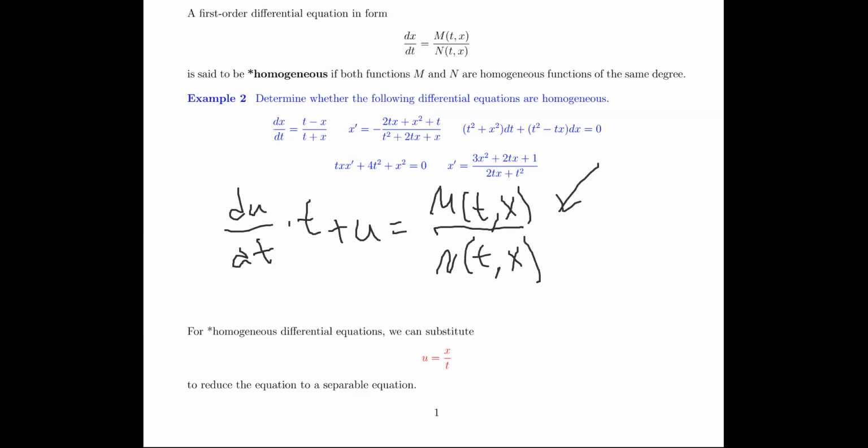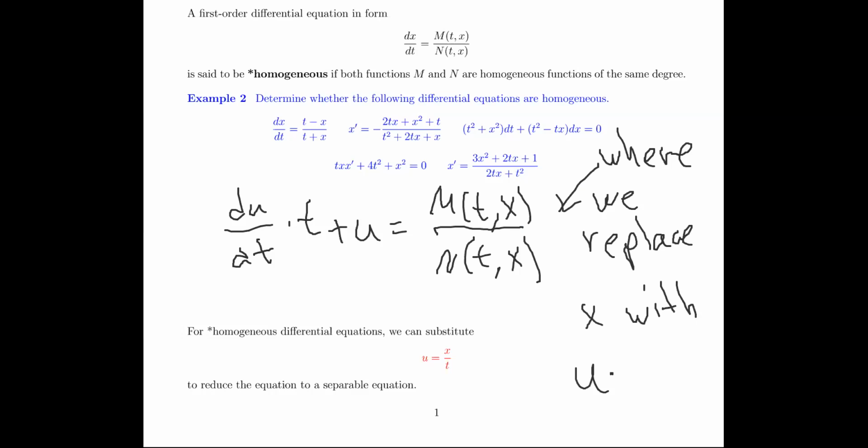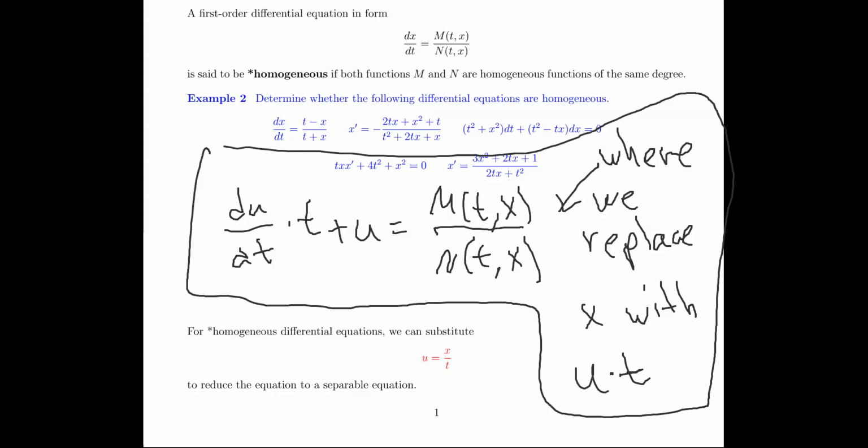Well, here we are going to replace x with u times t everywhere. Everywhere we see an x, we replace that with u times t on the right-hand side. And that will be our solution. This is what you want to remember or circle, because we're going to use this every single time for these problems. So once you have that written down, we'll move on to the next one.